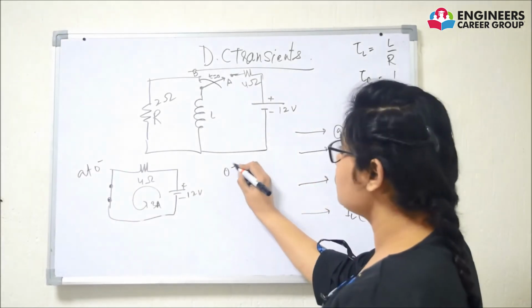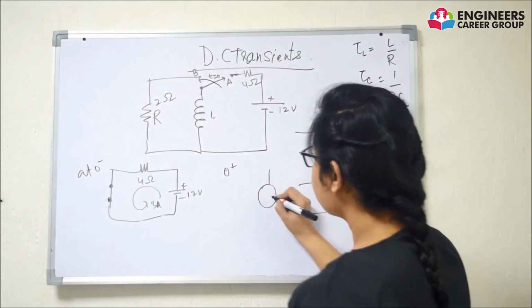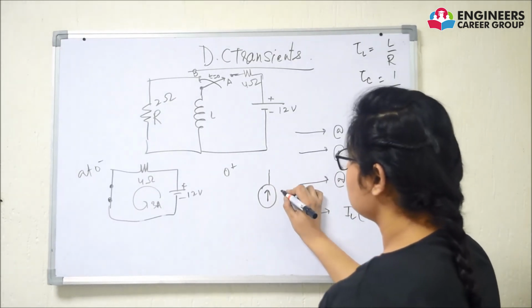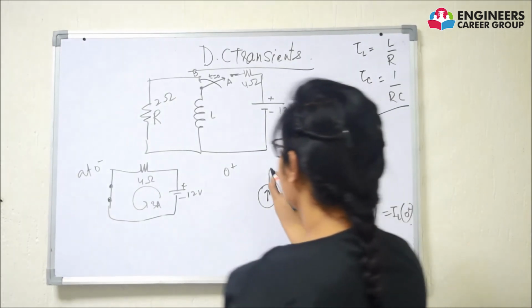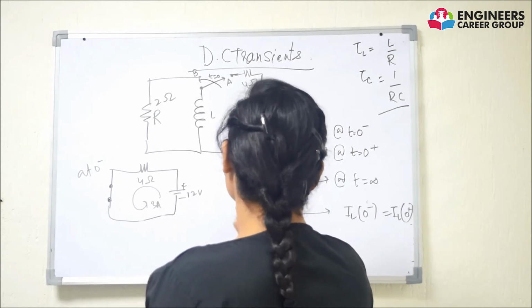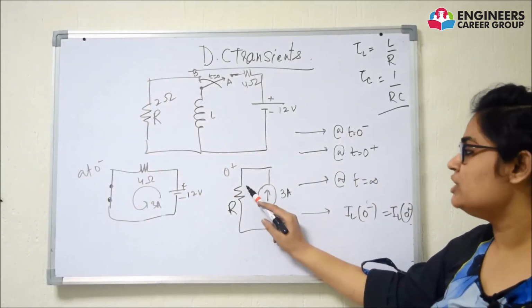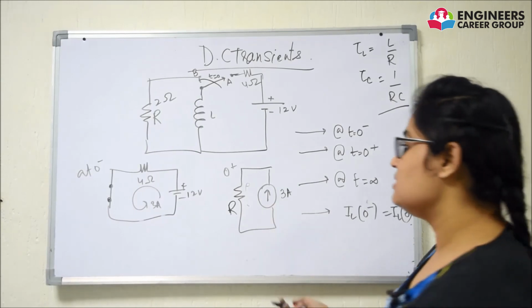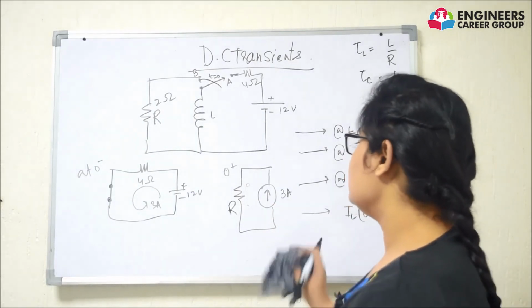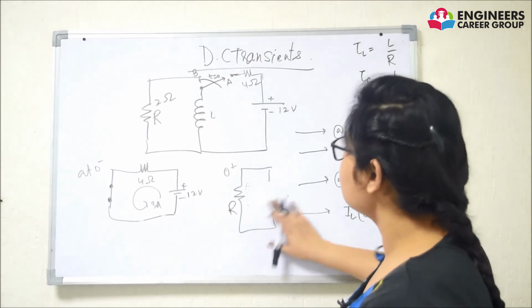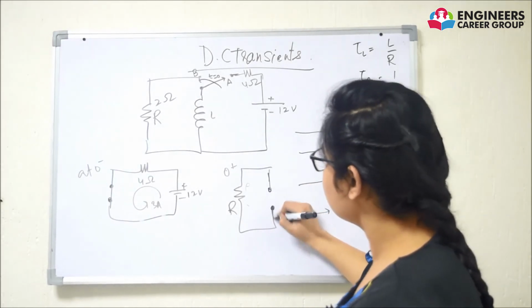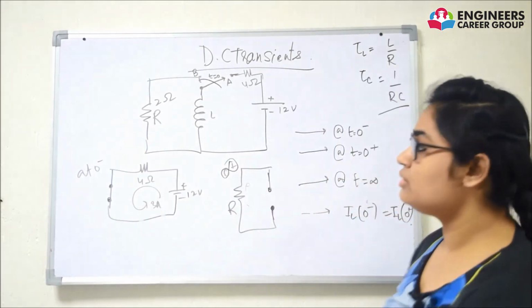For 0 positive circuit, this is the source of 3 ampere and this is my resistance R. Now we can calculate anything that is required, like voltage across this or any other thing that is asked in question. Last is at t is equal to infinity, this will be 0, therefore the circuit will be this for t is equal to infinity.